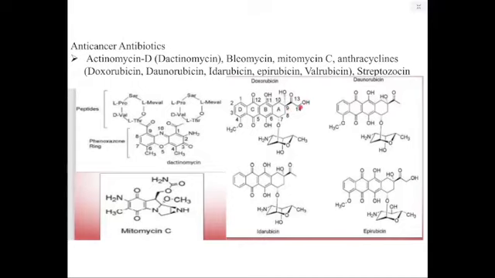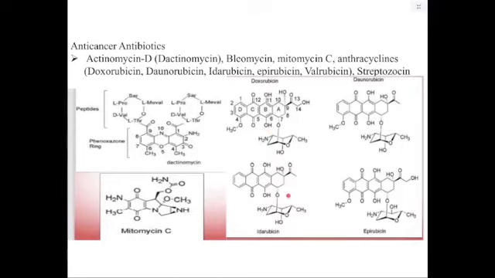This has a hydroxymethyl ketone, so it has a ketone and an alcohol, whereas this one has an acetyl group. On the side chain, this one has an oxo group, whereas this one is an acetyl. That's the main difference between doxorubicin and daunorubicin.